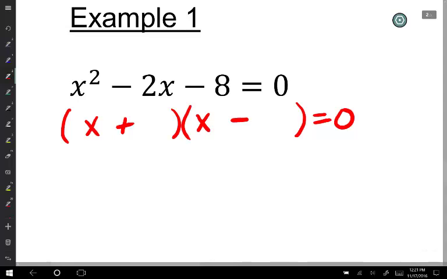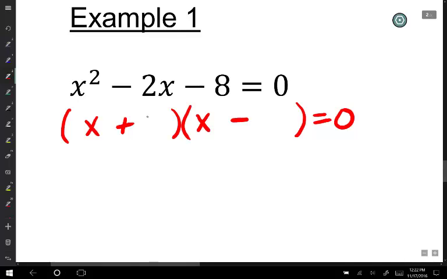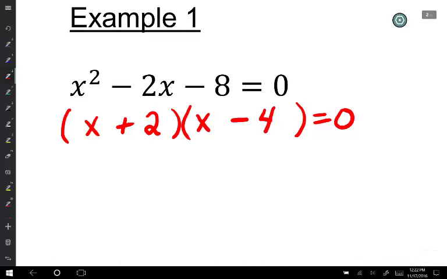Factors of 8 are 1 and 8, 2 and 4. Which do you want to go with? 2 and 4? Do you want to do 4, 2 or 2, 4? Now, why do you choose that lane? Because I know if you look at it, it's going to become a 2x and a negative 4x. So does that quickly say, hey, boom, that's it? So we're good. This is where we stopped the other day.